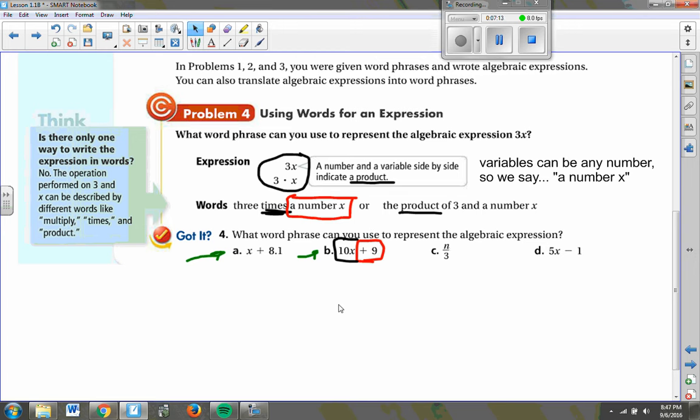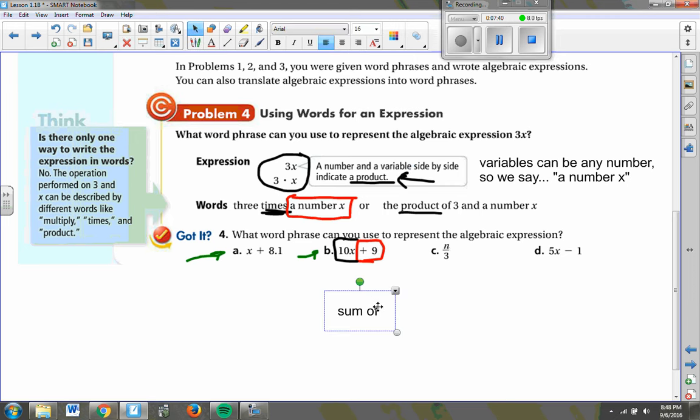So one thing I know for sure is I'm going to say sum of, because remember sum means the plus sign. So sum of, and let's see, what is the first thing I have in my sum? Well, it's this 10x piece. Now 10x in itself implies, remember from up here, that we're doing a product when we see a number and a variable next to each other.